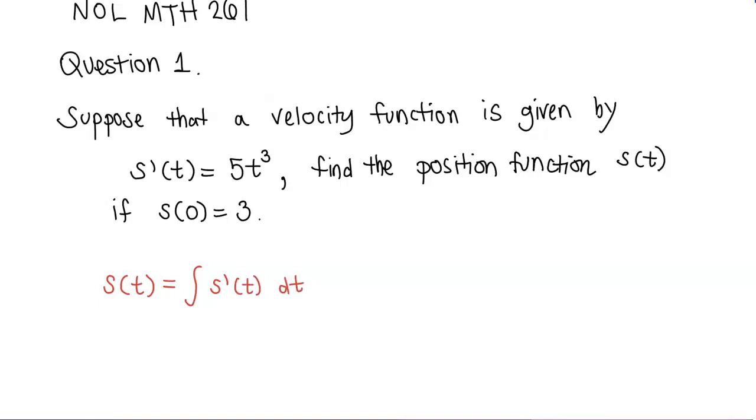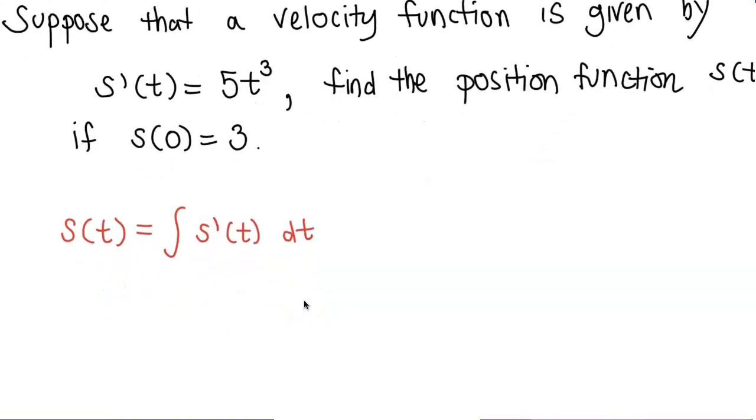That will be the first line: S of t equals the integral of S prime of t dt. I'm going to put in what S prime of t is: 5t cubed dt.